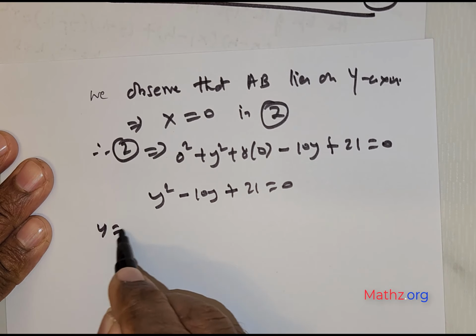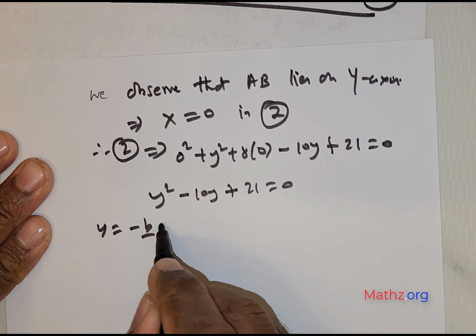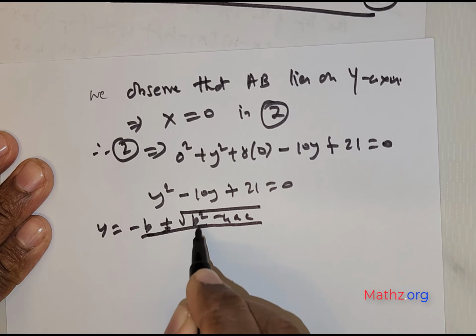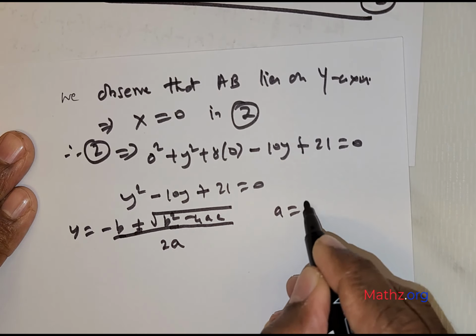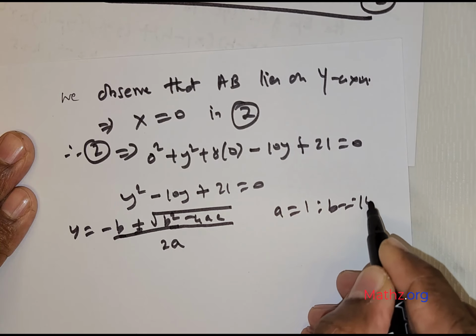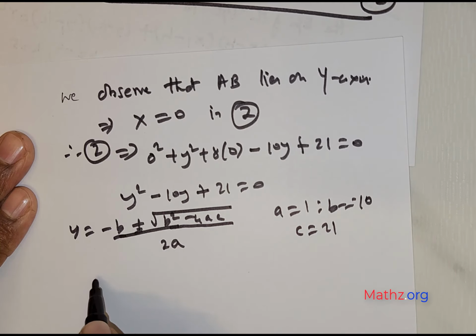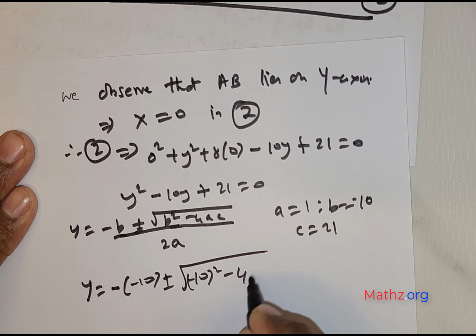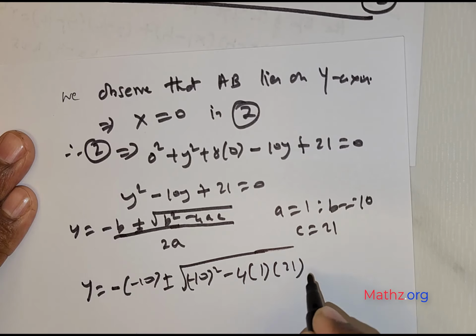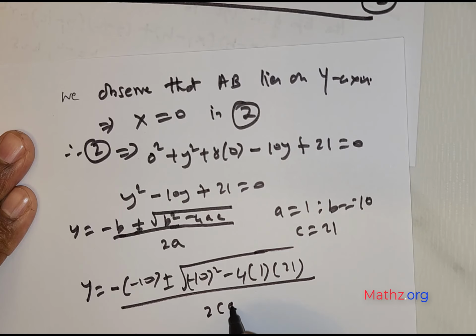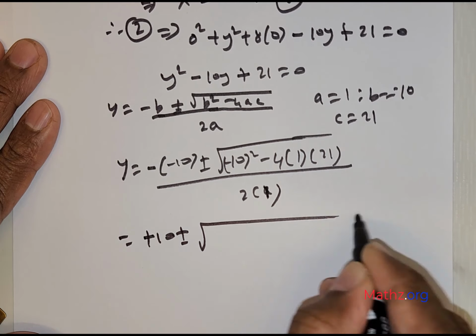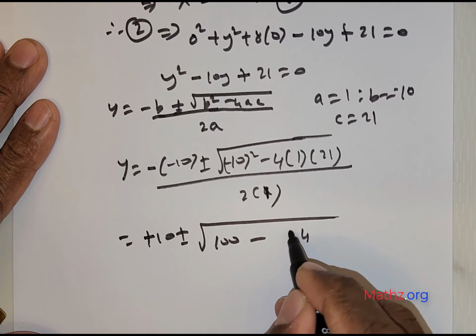I'm going to use the quadratic formula. That's negative b plus or minus root of b squared negative 4ac, divided by 2 times a. So my a is 1, my b is negative 10, my c is 21. So y is equal to negative of negative 10 plus or minus root of negative 10 squared negative 4 times a times c, which is 21, divided by 2 times a, which is 1. So this gives me positive 10 plus or minus root of 100 negative 4 ones are 4, 4 twenty-ones are 84, divided by 2.